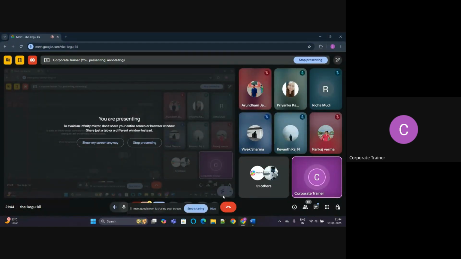Clear? If clear, then give a thumbs up. Not forcefully, I'm telling you to give them only if clear. If not clear, I'll explain two, three, four times, until you are clear. Everything is okay, guys.